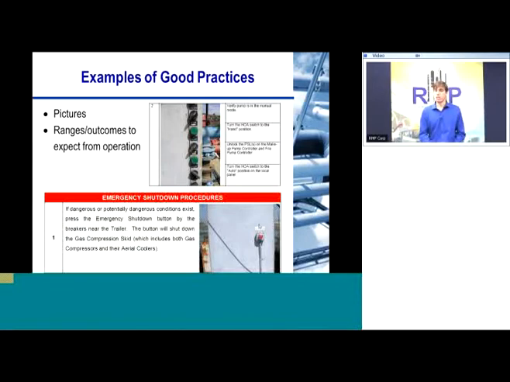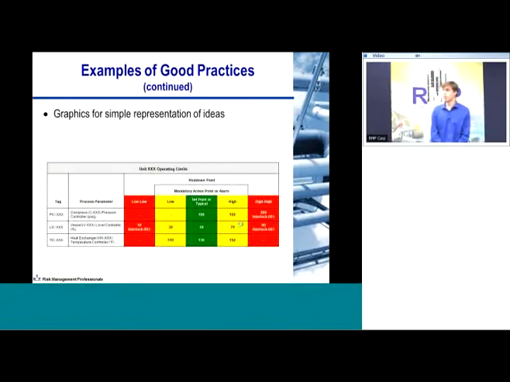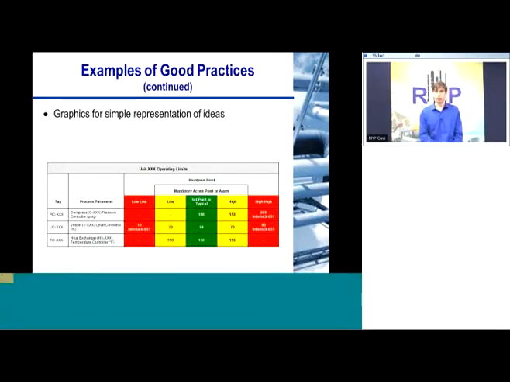Consequence of deviation and operating limits are another thing I wanted to point out. Sometimes graphics are a good way to do this. You can see from the chart below that we have some controllers here. There's a pressure controller, a level controller, and a temperature controller. Then you can see the low shutdown points, the high shutdown points, the set points, and the alarm points. And in this case, the high for that pressure controller lists the interlock that it sets off.